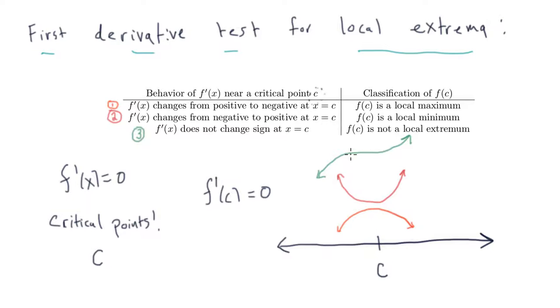The only way you can be a local max or local min, remember, if the function is differentiable, is if f prime of c, where that critical point occurs, is equal to 0. Okay? So again, we're assuming here that f is differentiable.